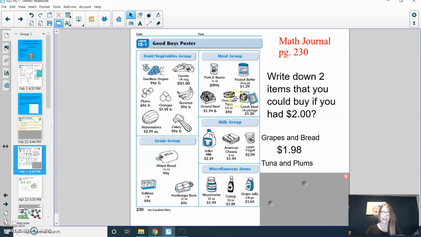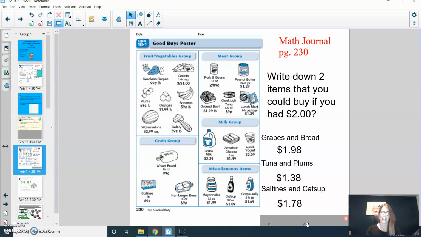I also found that tuna and plums were both 69 cents, which gave me a total of $1.38. I also found saltines were 69 cents, ketchup was $1.09, giving me a total of $1.78. You maybe had something completely different than I had, but just double check to make sure that it was under $2.